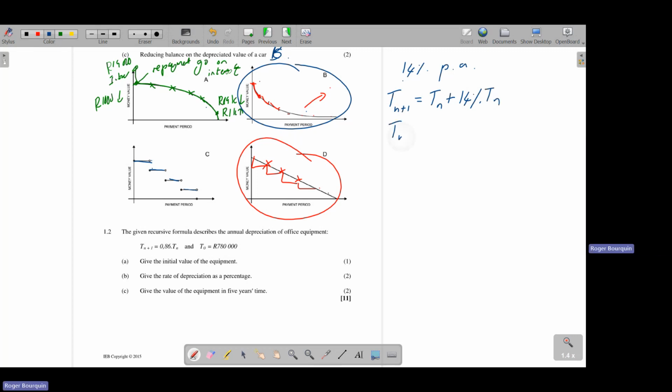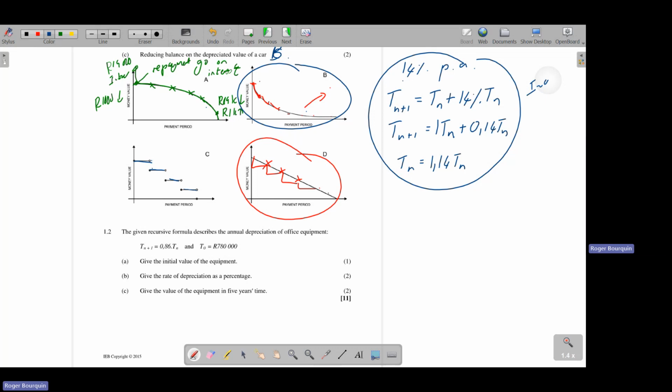In other words, you'd end up with Tn plus 1 is equal to 1 Tn plus 0.14 Tn. So Tn plus 1 is equal to 1.14 Tn. So that would be an increase. 1.14 times the previous amount is an increase of 14%.